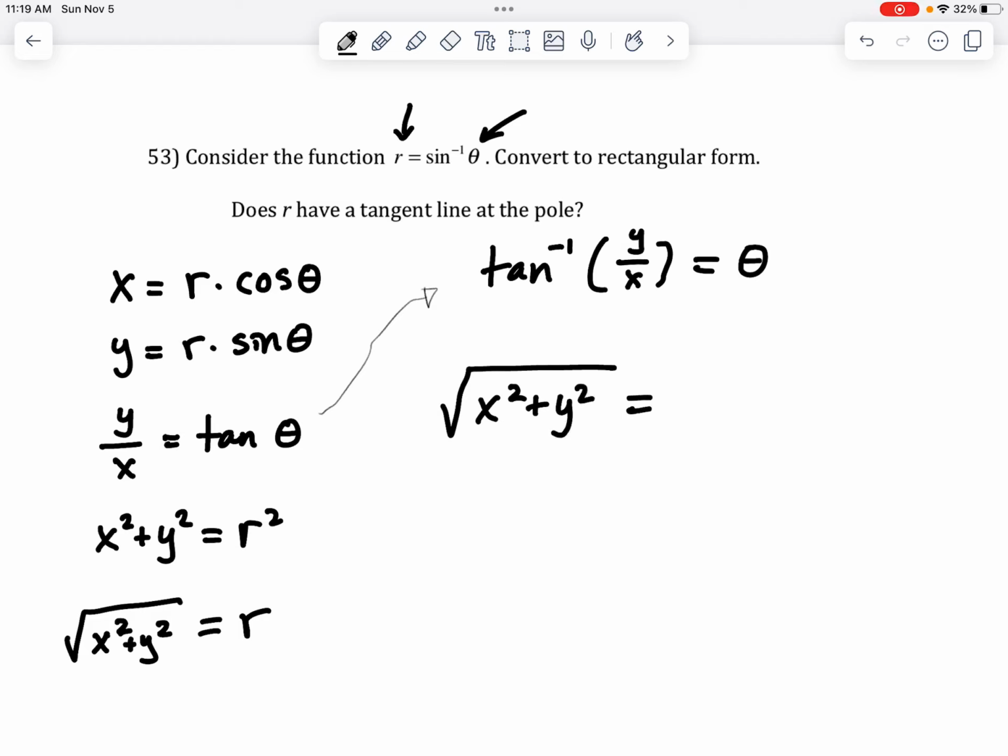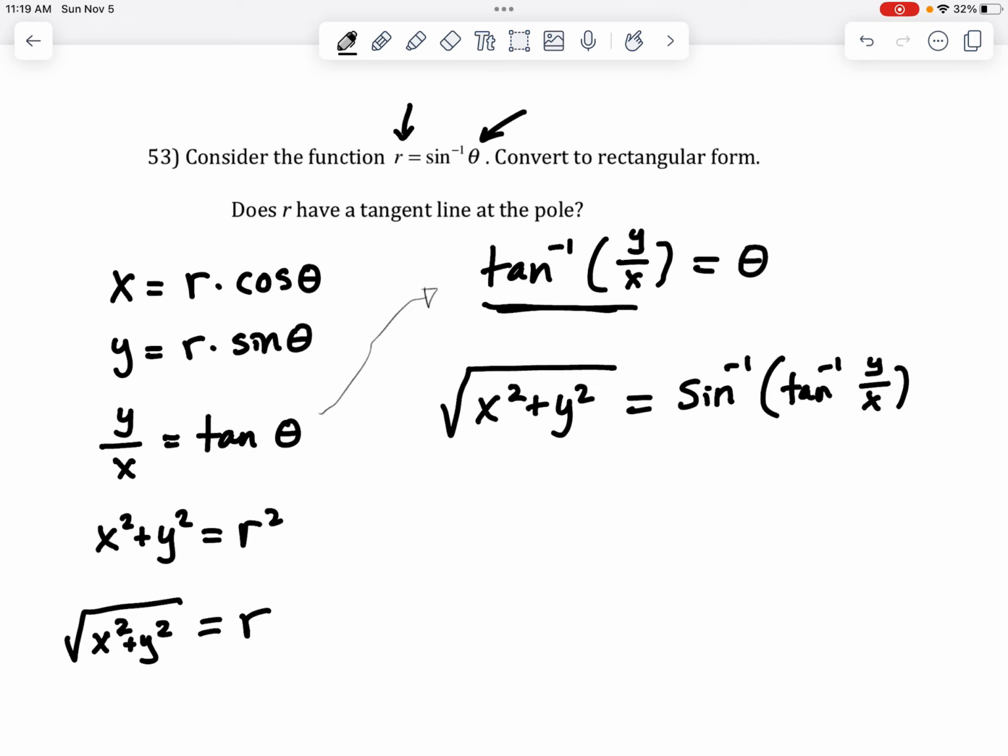On the right side, there's sine inverse. And then replace the theta with this tangent inverse that we just found of y over x.